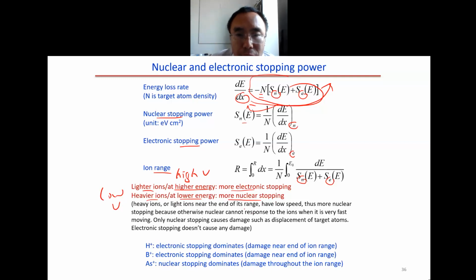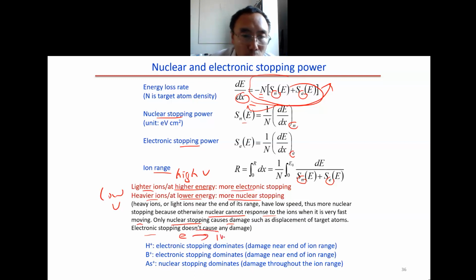This is because, as we said before, the nuclei cannot respond to ions when they are moving very fast. Also, only nuclear stopping causes damage, such as displacement of the target atoms. Electronic stopping, where electrons follow the ions, does not cause any damage.